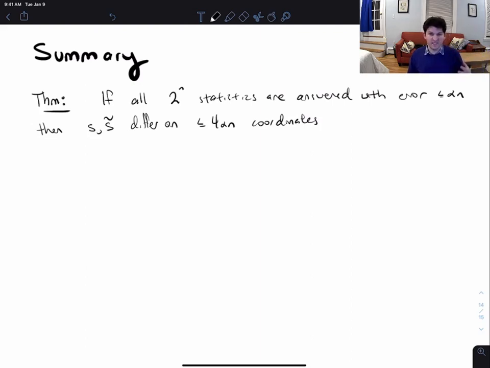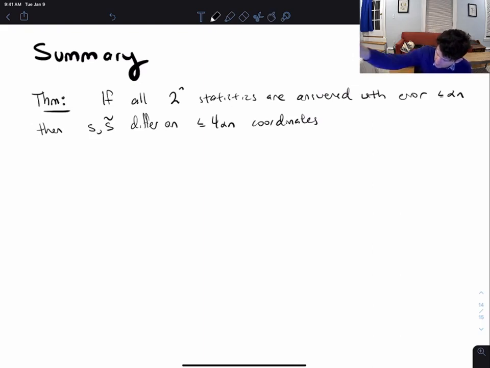There's 2 to the n such inner products, the way we define them. And if I answer all 2 to the n inner product queries with error smaller than alpha n, I reconstruct the secret vector to within 4 alpha n. So I get all but 4 alpha n people right.